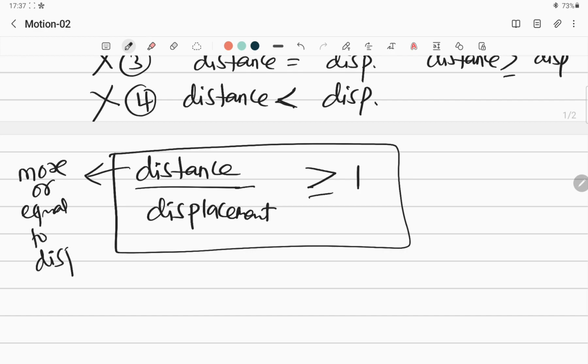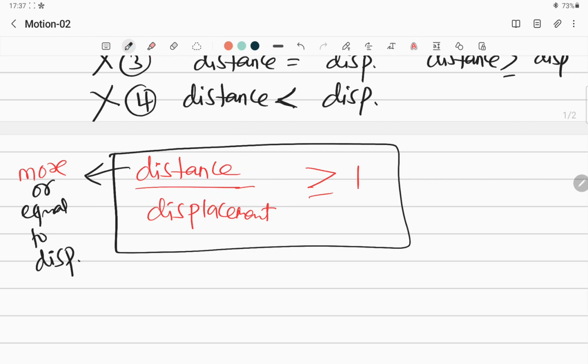If distance becomes equal to displacement, this value will become equal to 1. But I told you distance can be more also. If it is more, then distance divided by displacement becomes greater than 1. So that's why distance divided by displacement is always greater than or equal to 1.